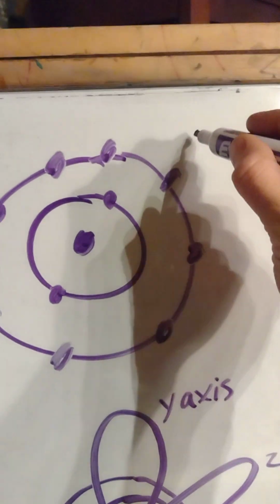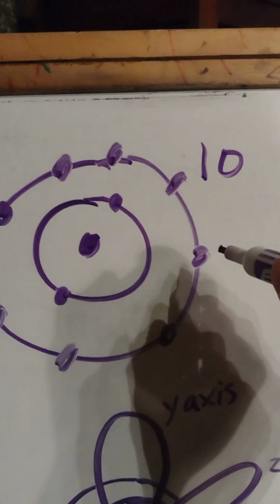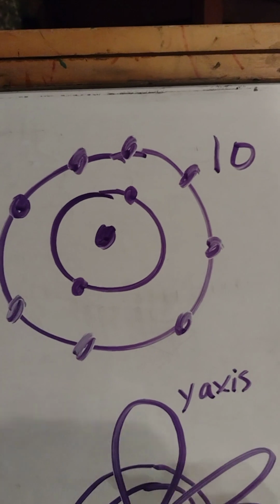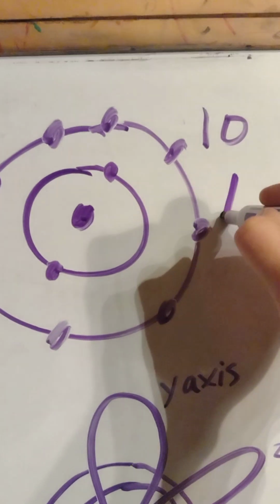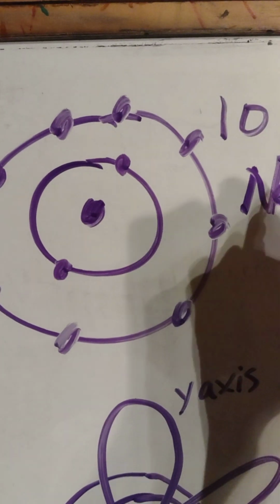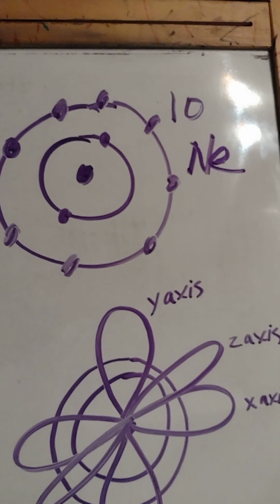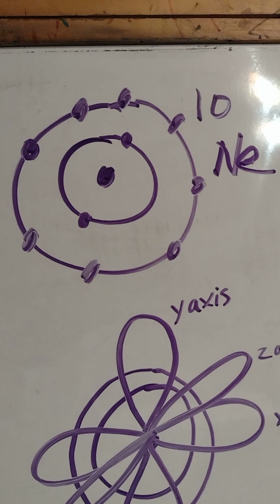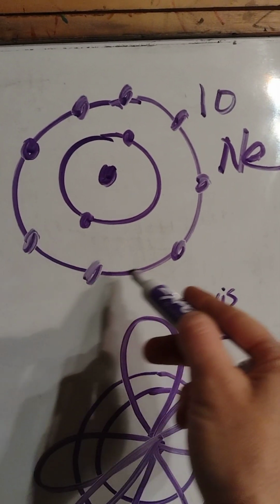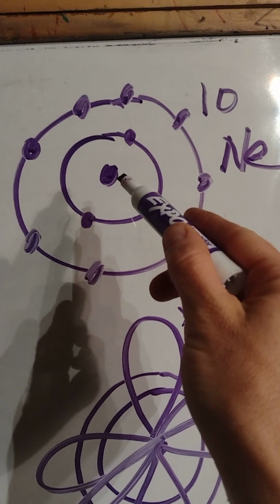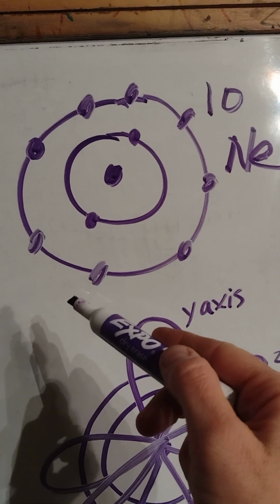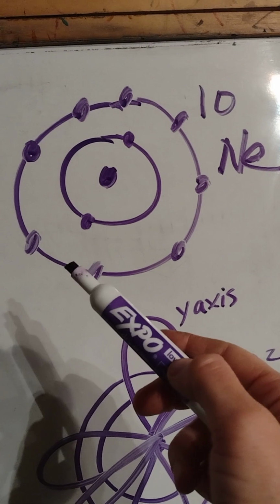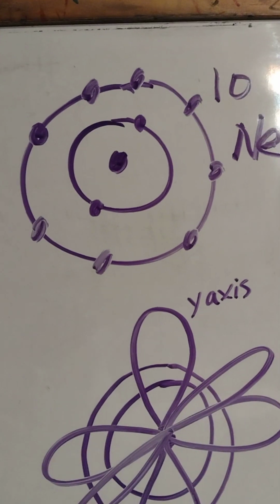It's got a total of 10 electrons, so it's going to have 10 protons, and if it has 10 protons, this is called neon. Neon is one of the noble gases and is stable. It doesn't really react with anything because this energy level is full and this energy level is full, so it doesn't want to lose any electrons or gain any electrons. It's just happy not reacting.